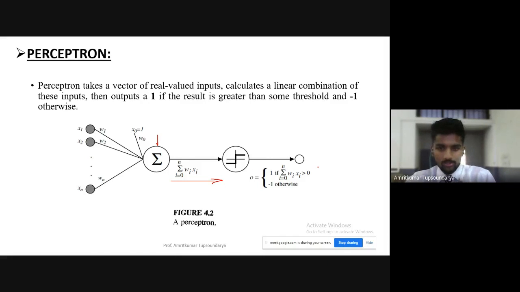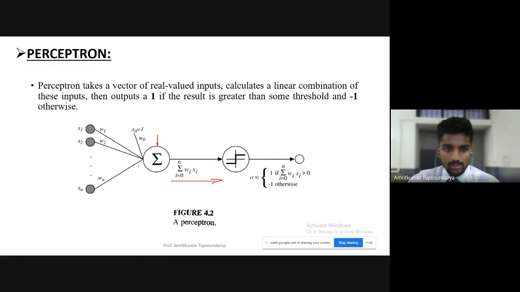Now, what is that threshold? We will learn shortly. But let's say we have some threshold fixed depending on the problem statement, and above that threshold the perceptron is going to give the output as 1, and otherwise it will give you the output as -1. Now, what that threshold is, is what we are going to see here.